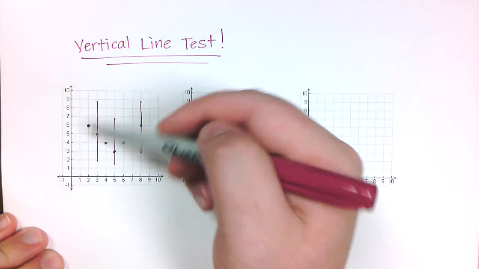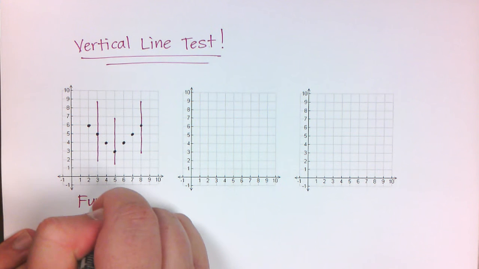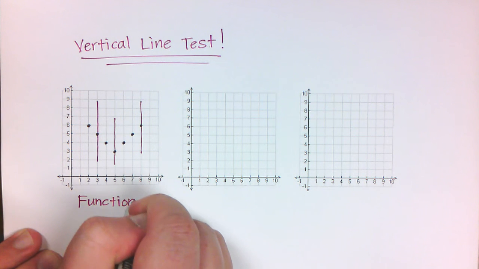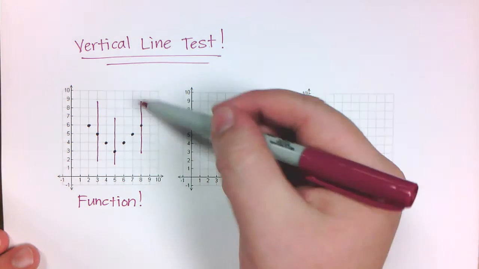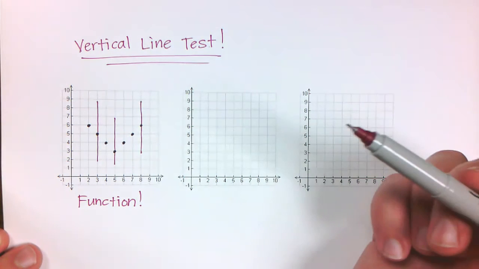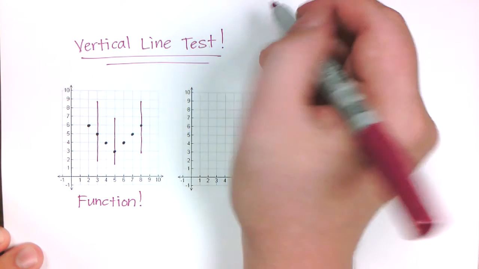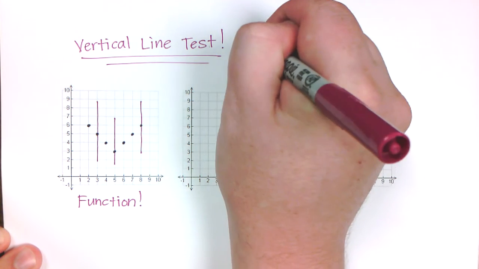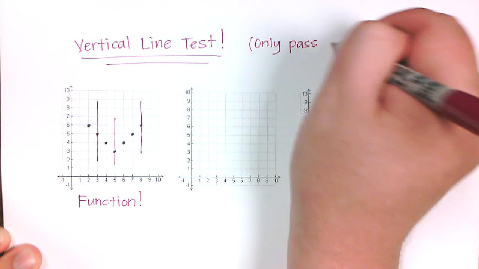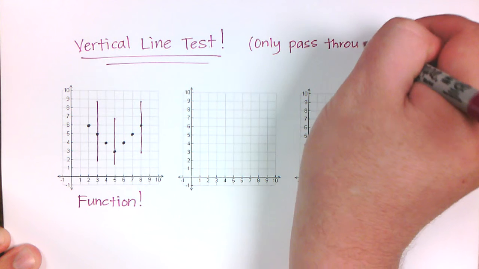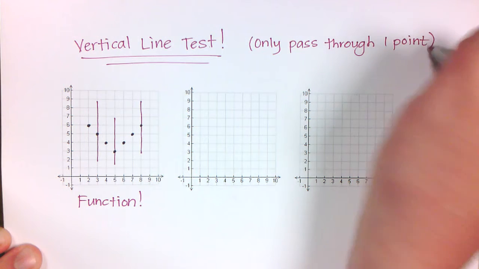And if it passes this test, then it is a function. I could not find a single place on this graph where one of my vertical lines passed through 2 points, or even more than 2. So the vertical line test is really important. It can only pass through 1 point. And that's really all that you need to remember.